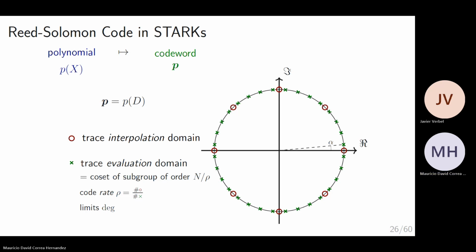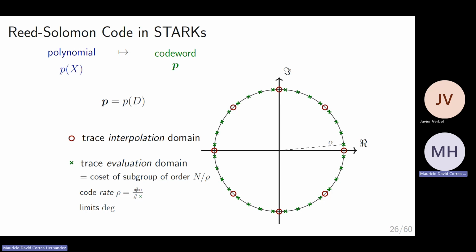And then we typically choose the subgroup for interpolating the trace and the coset for evaluating the resulting polynomials.